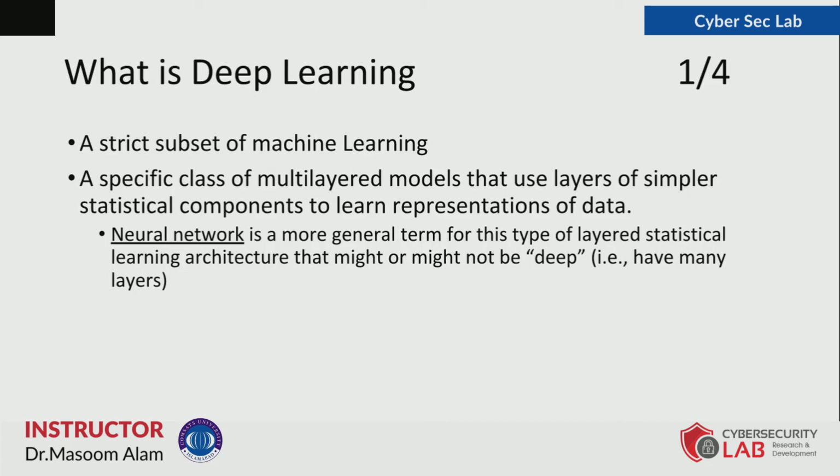It depends on us how many layers we want to make in a deep learning architecture. The deeper we go, the more complex we make that architecture. Another important thing is that more and more data is the main thing for deep learning. If we have huge data, we can perform deep learning on it.